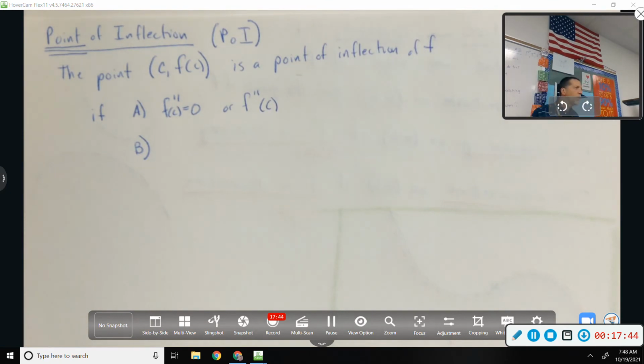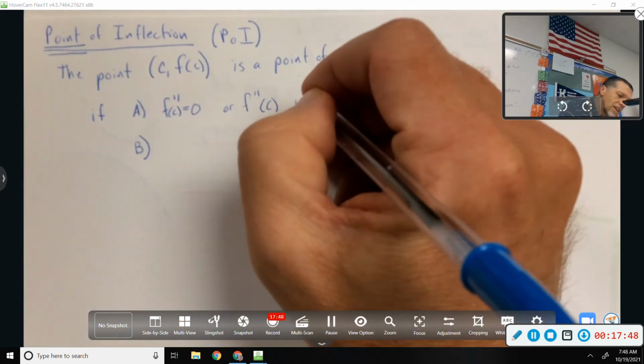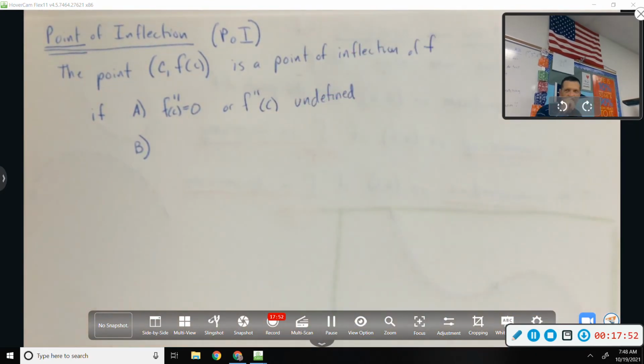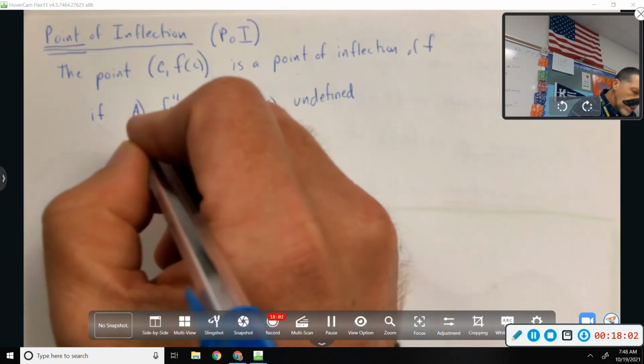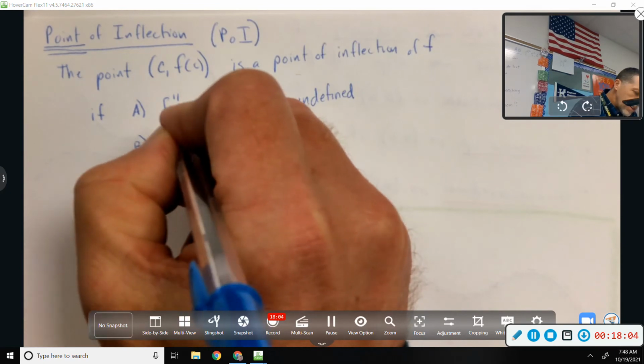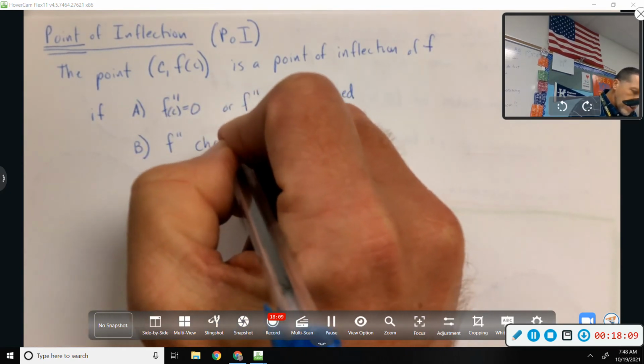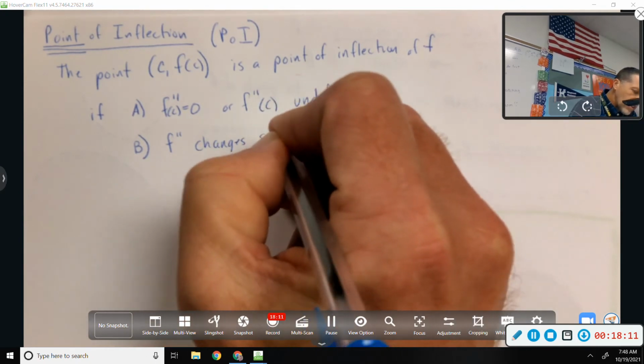Thinking about the parallel with first derivative, undefined. So that's sort of the critical point parallel for point of inflection, although we don't call it a critical point because that's a first derivative thing. And if f double prime changes signs.